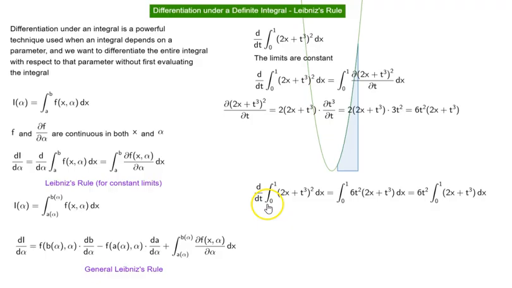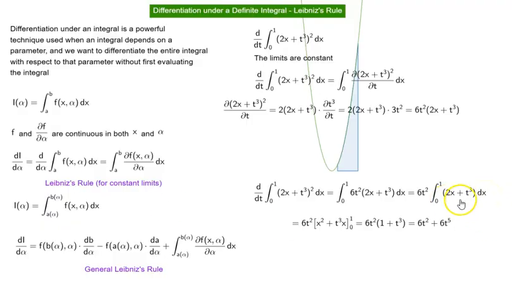So our d by dt of the integral from 0 to 1 of (2x plus t cube) the whole square dx is equal to the integral from 0 to 1 of the partial derivative, which we have arrived at, 6t square times (2x plus t cube) dx, which is equal to 6t square, which is constant, we take it out, times the integral from 0 to 1 of (2x plus t cube) dx.